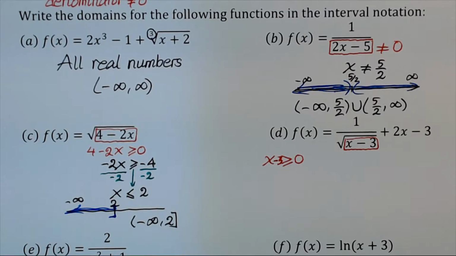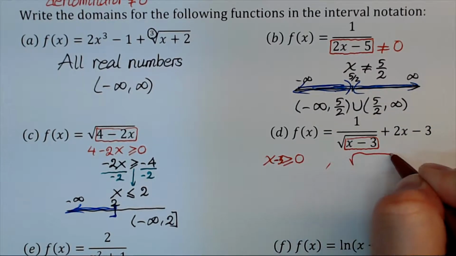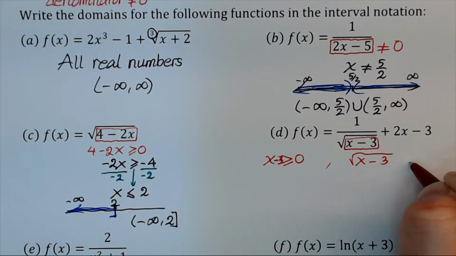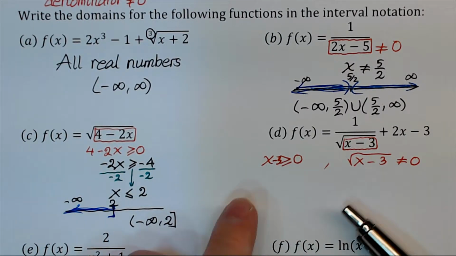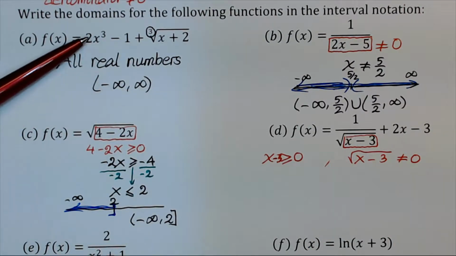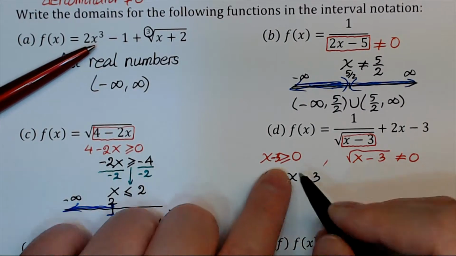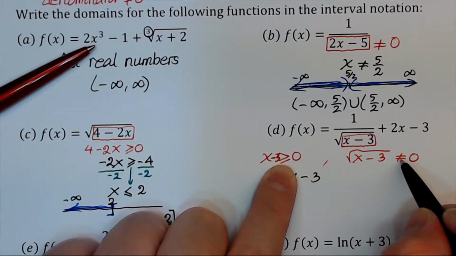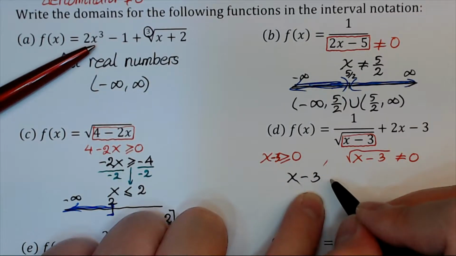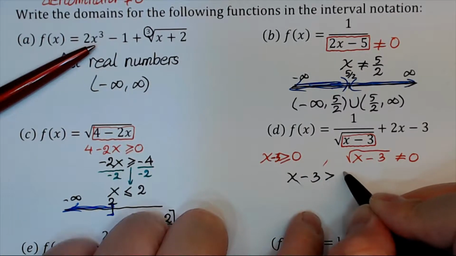And the second one is the whole square root, which is in the denominator, so it cannot equal 0. Putting those two together, x minus 3 could be equal to 0, but actually it cannot, so we just have greater than 0.